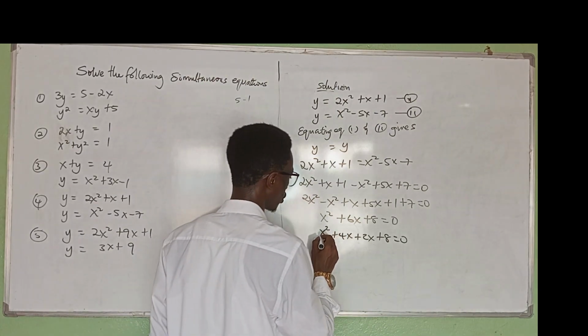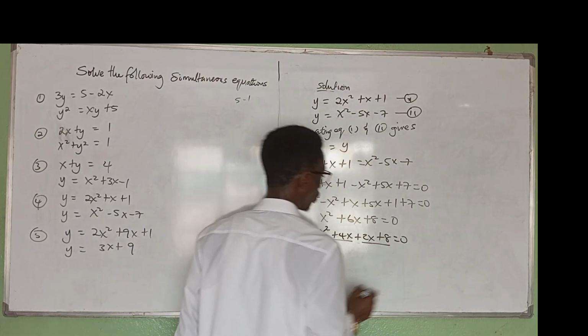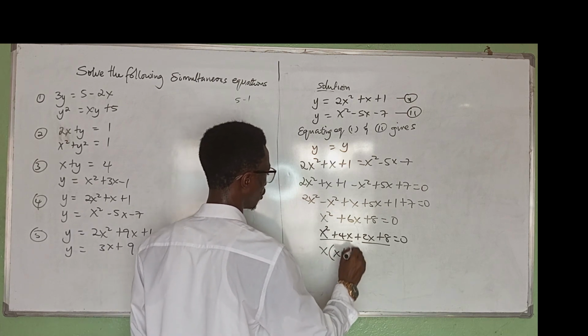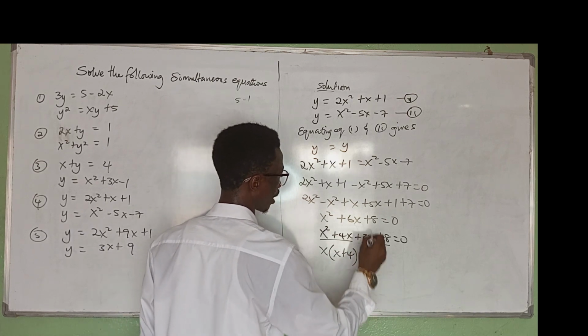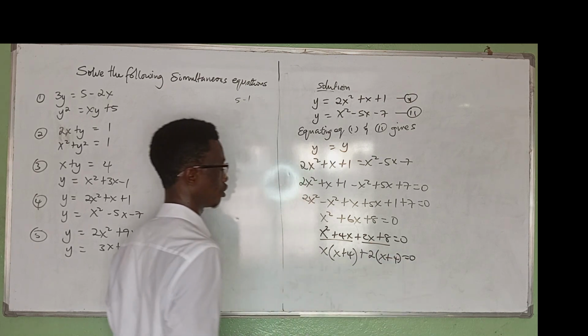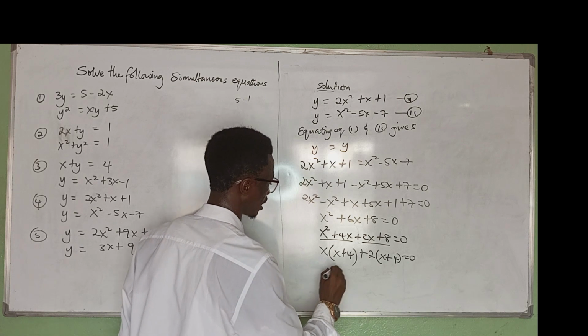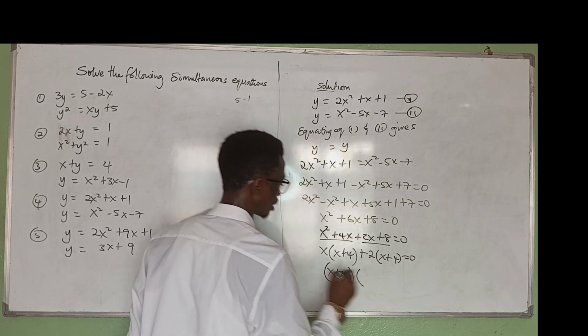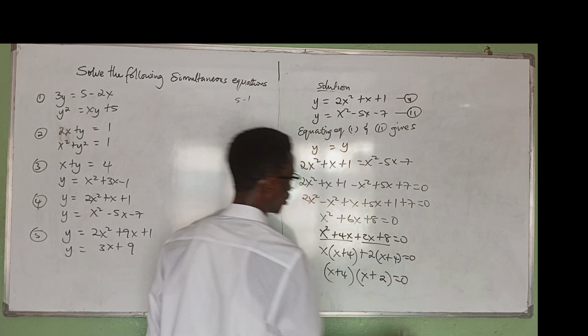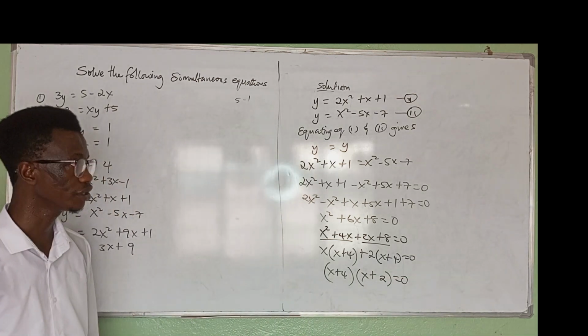Now we have 4 terms, so we group them into 2. What is common here is x, into x plus 4, plus 2 into what is left, x plus 4, equals 0. What is common is x plus 4. Take it out. What remains is x and 2, equals 0.